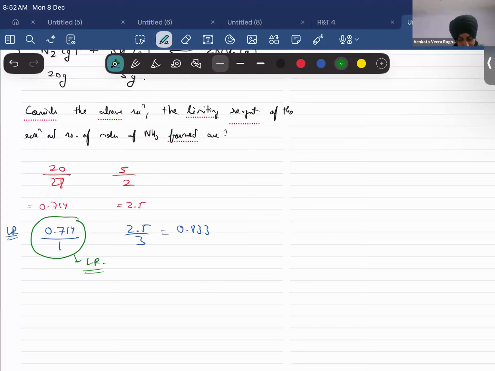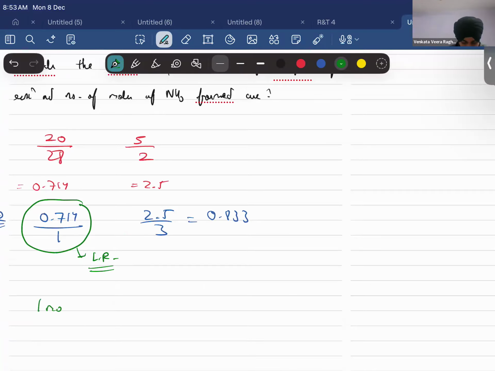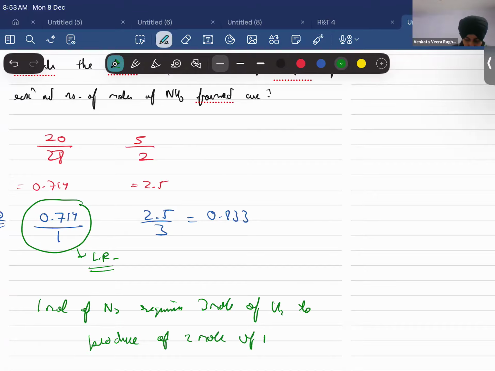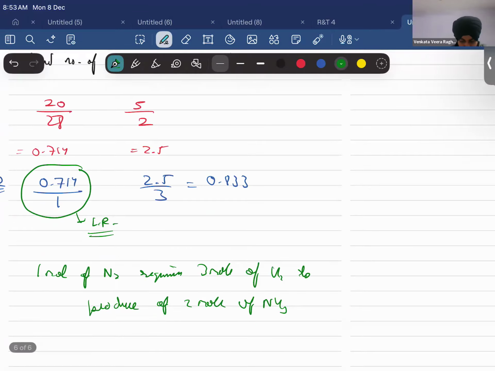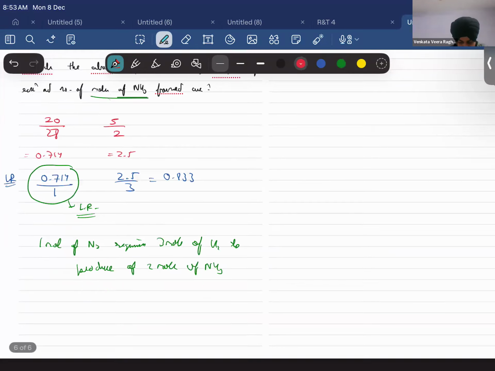But sir, what is the reaction? For the reaction, you have to read the question. They are saying that 1 mole of N2 requires 3 moles of H2 to produce 2 moles of NH3. Now, I want to establish a relation between my limiting reagent and my NH3, because that is what they are asking you.